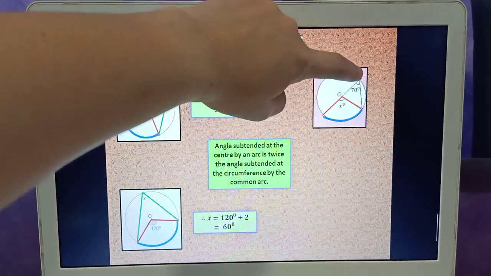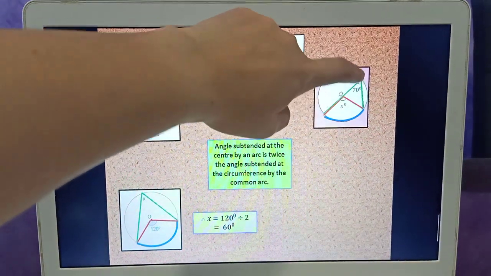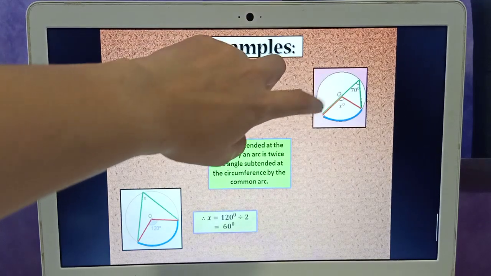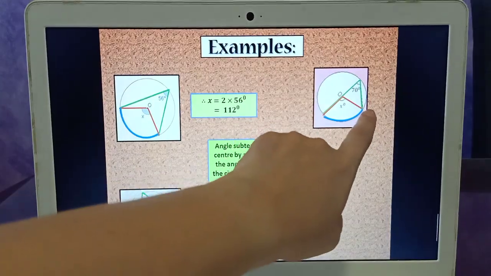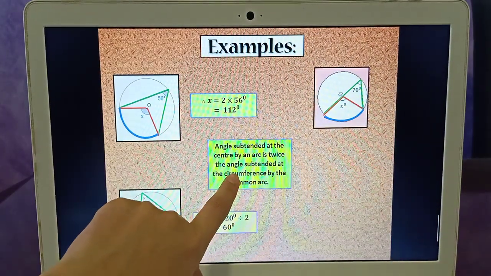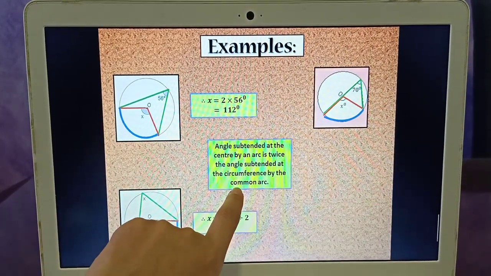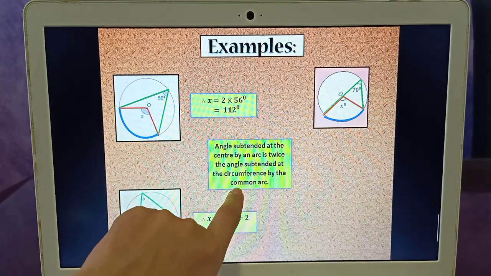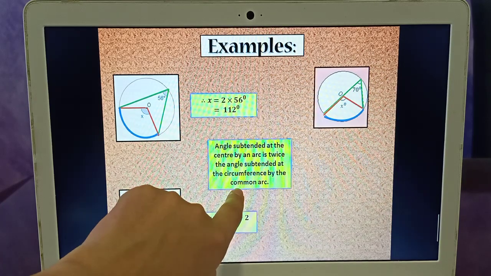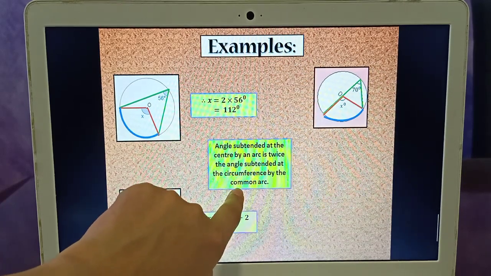And this one, the green one, is the angle subtended at the circumference because it is formed by two chords sharing the common arc here. So can we apply this one? Yes, because they are sharing the common arc. Actually, you cannot say sharing, but the way I explain it, I just want you to remember.